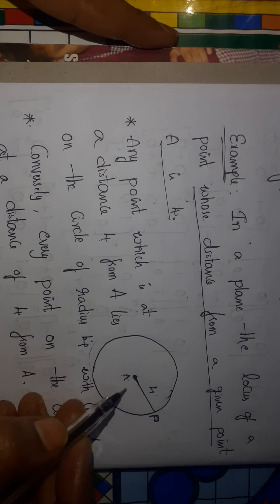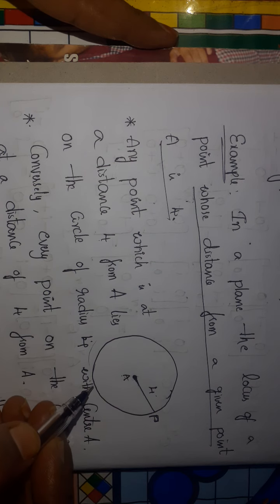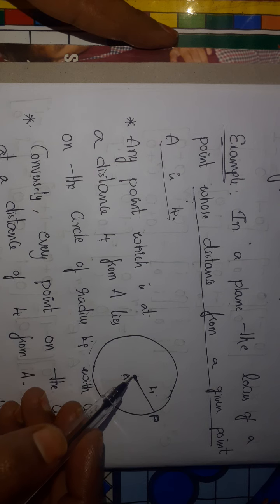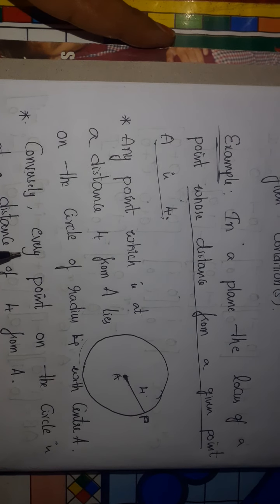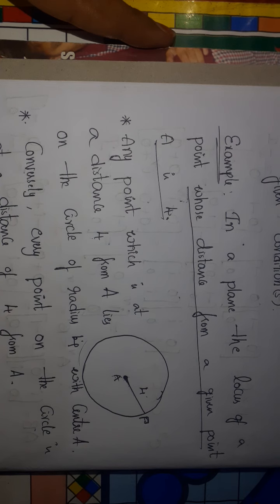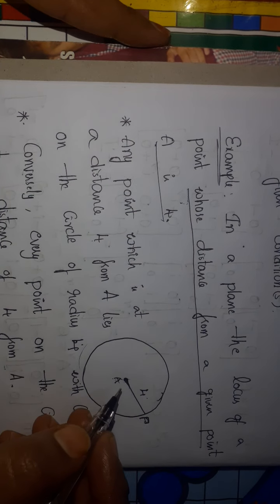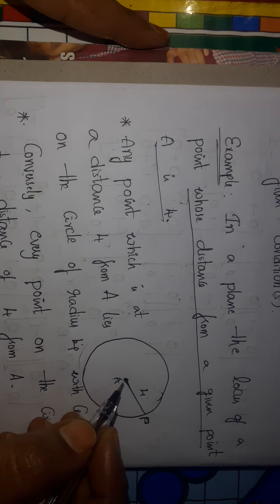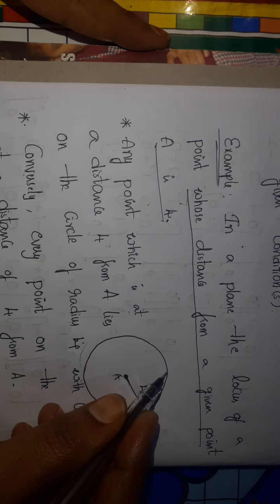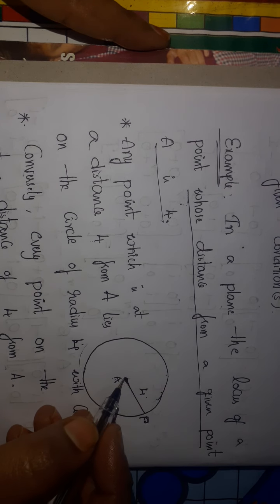So each and every point on this circle is definitely 4 units away from A. And conversely, every point at a distance of 4 from A lies on the circle. Each and every point which is 4 units distance from A lies on the circle. Similarly, every point on the circle definitely has 4 units distance.